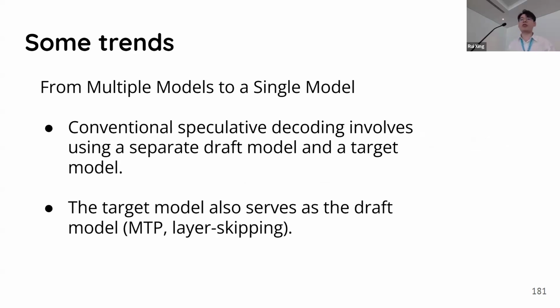I believe it is not convenient to deploy two models in practice. Now we have the chance to conduct speculative decoding with one single model. For example, with techniques like multiple token prediction and layer skipping, we can transform the target model into the draft model itself.